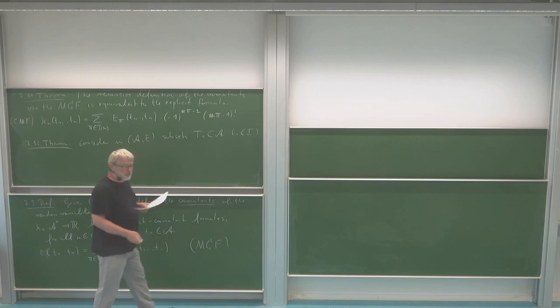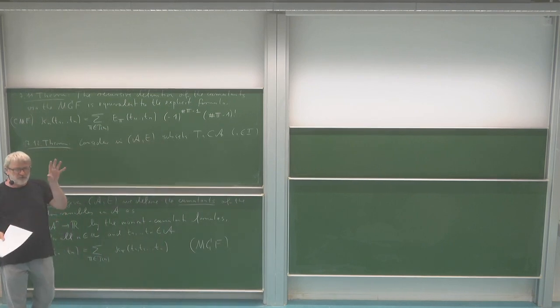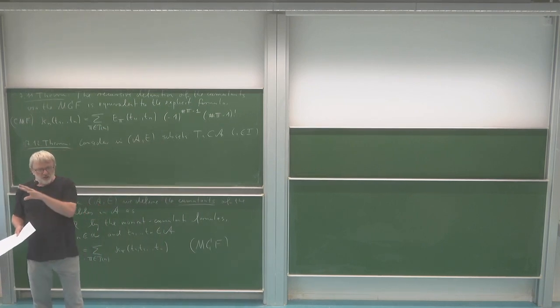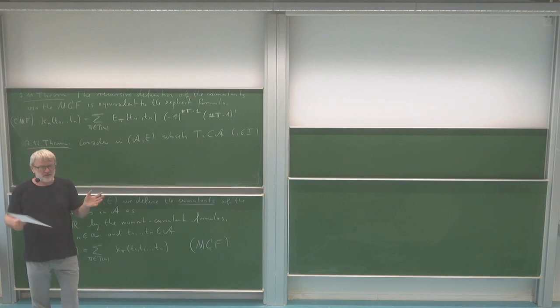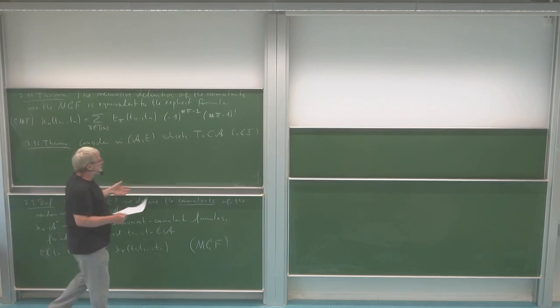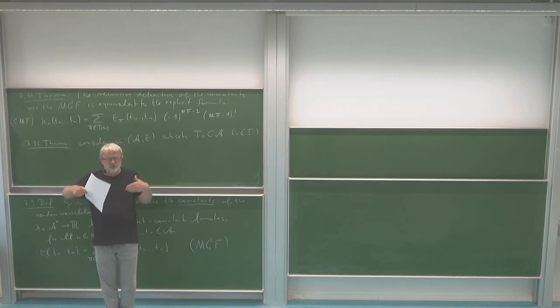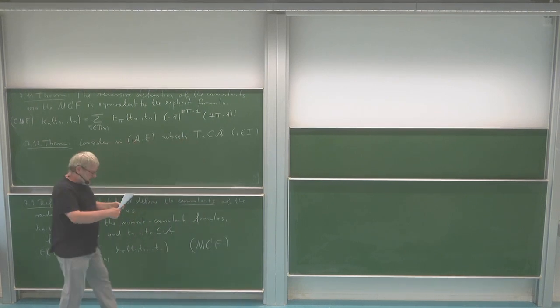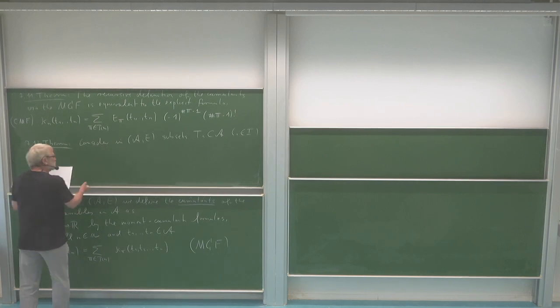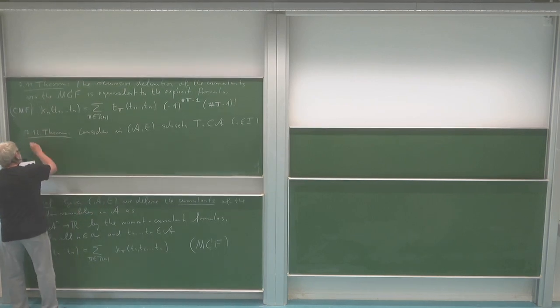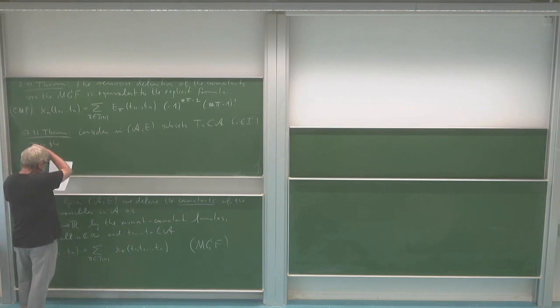Could just be a set of 2. So I just have some random variables in T1 and some in T2, and I want to know whether they are independent. It could just be that I have one random variable in T1 and one in T2, and I just want to know whether those two random variables are independent. So those are my random variables, and the claim is this can be decided in terms of the cumulants.